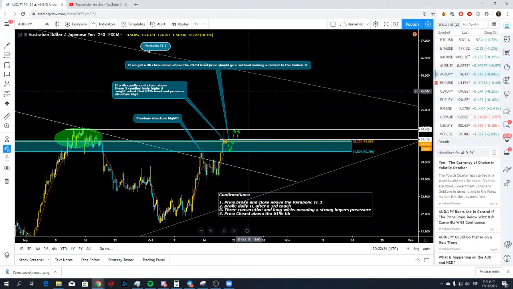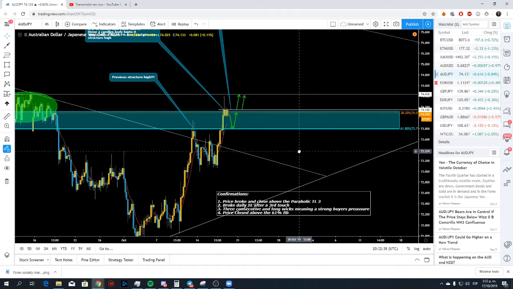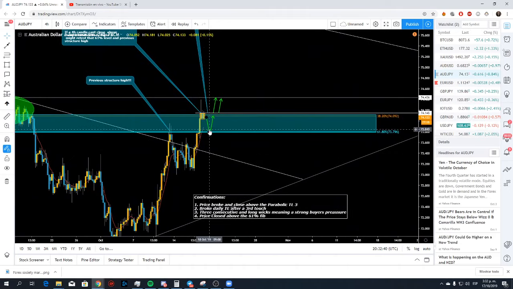Ideal entry would be in this case where price, if price retests this 61 level, if price retests the trend line, that will be your ideal entry. It would be 73.83. That would be your ideal entry. Your regular entry would be here, but I don't know. I wouldn't place the ideal right here.